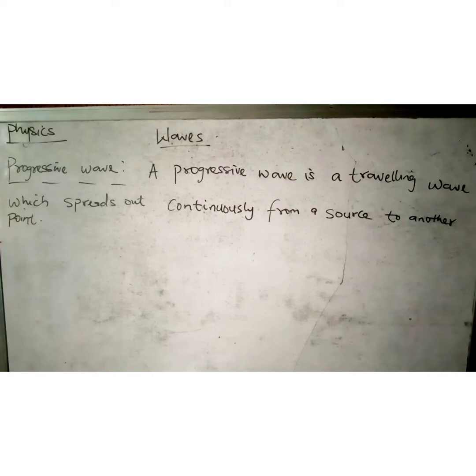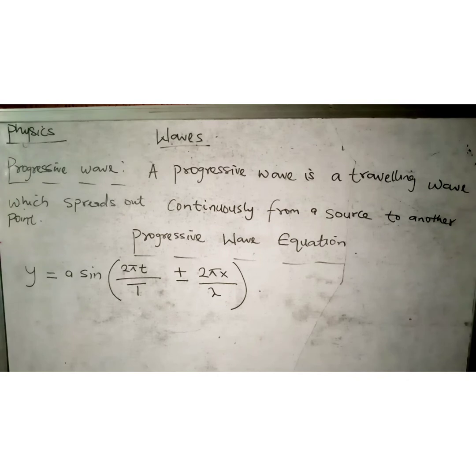Let's go into the progressive wave equation. This is the equation for progressive wave: y is equal to a sine bracket 2 pi t over period plus or minus 2 pi phase difference over wavelength, bracket close.